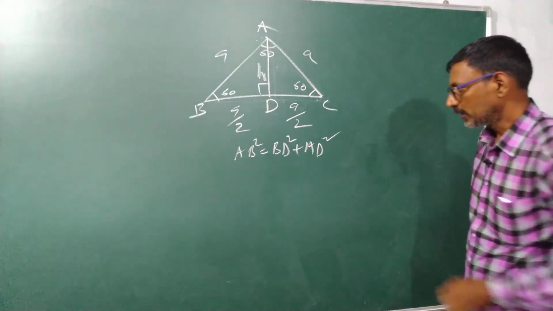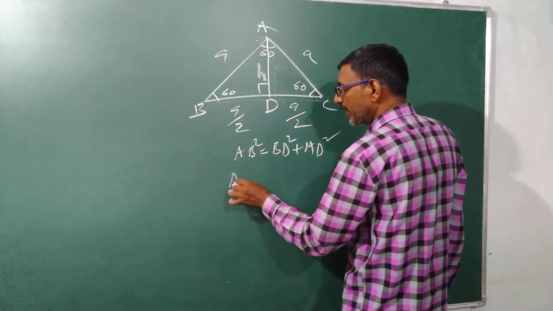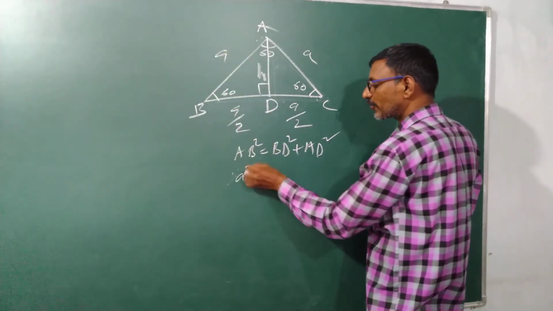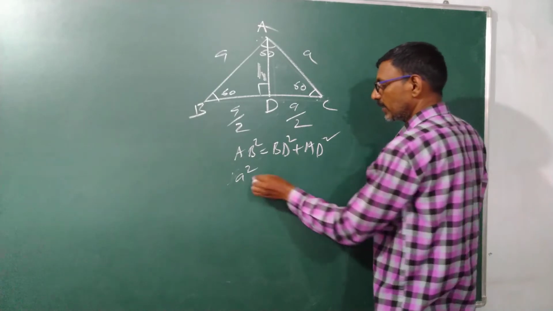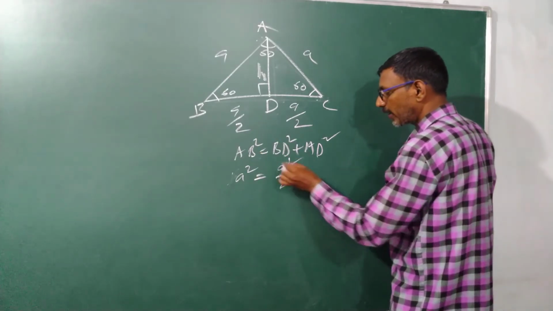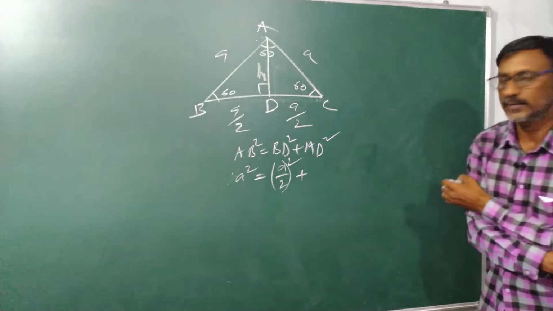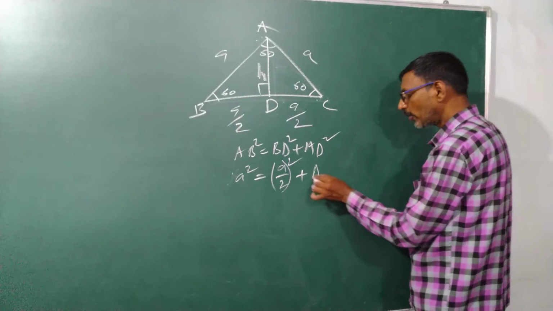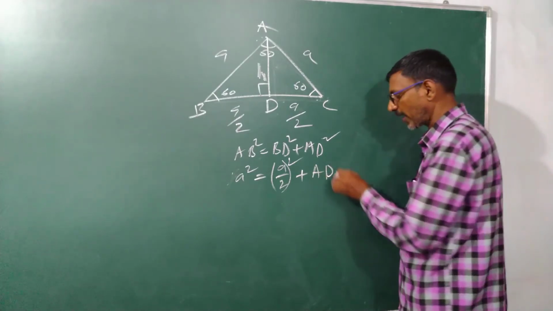Am I clear? Therefore, AB I know: AB is A, so A square. BD we know is A by 2, but you should write the whole square. BD is A by 2 whole square. I don't know AD, I would like to find AD square.